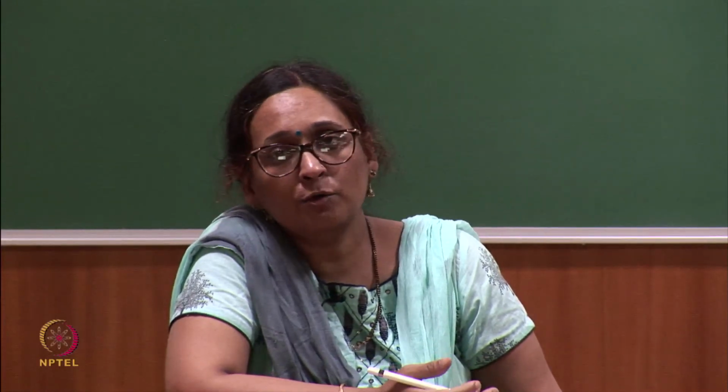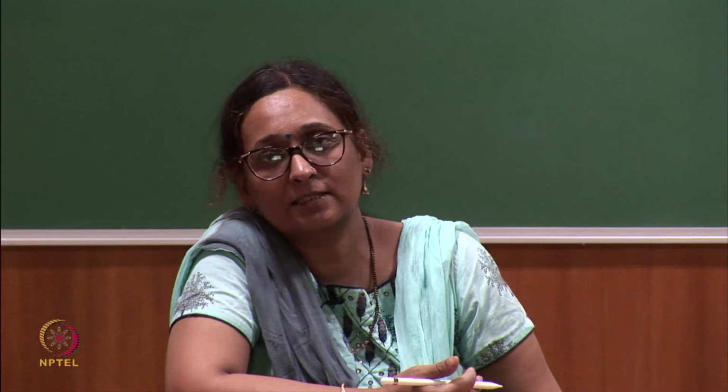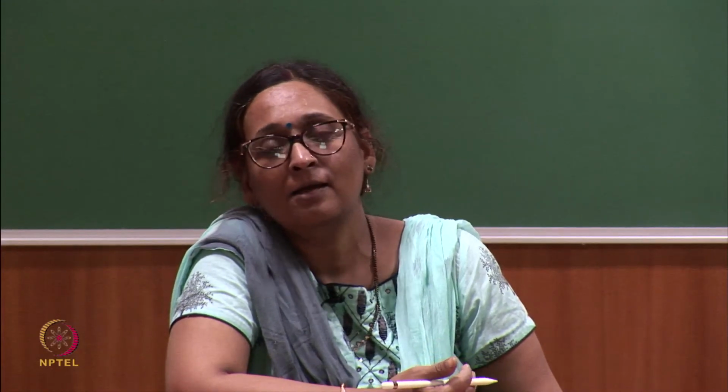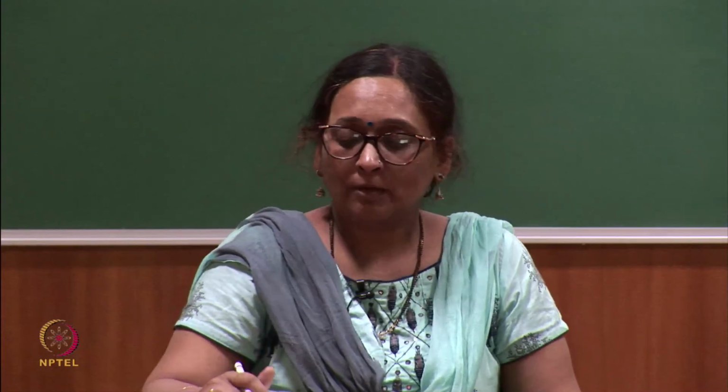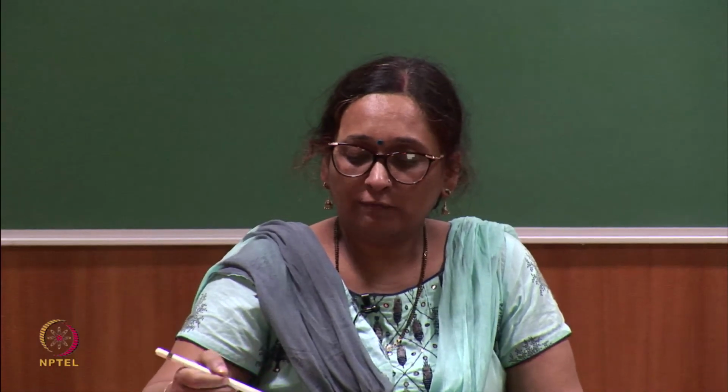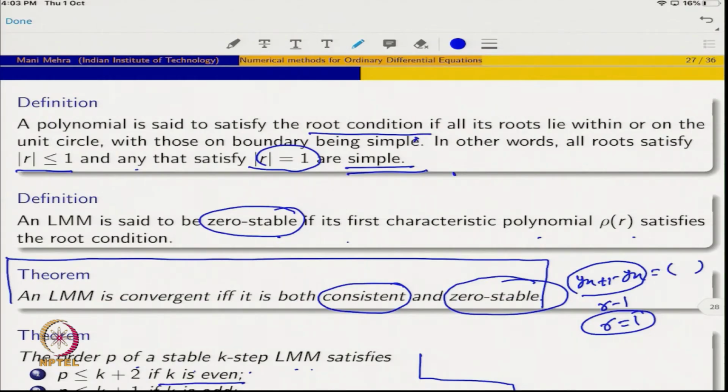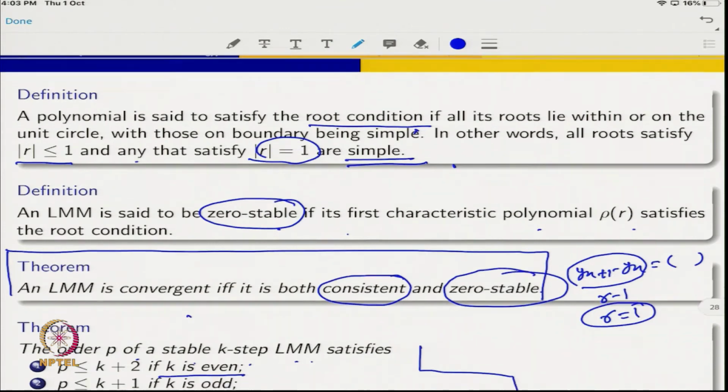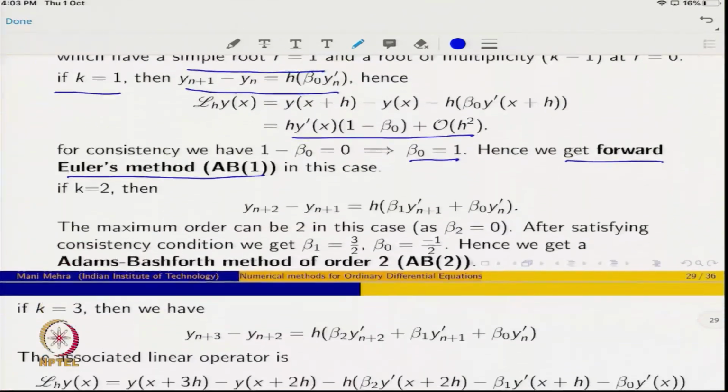So, now you can prove it in two ways: one is to prove it directly, another is with the help of consistency and zero stability, and then with the help of the theorem which you have seen here, that a linear multi-step method is convergent if and only if it is both consistent and zero stable.